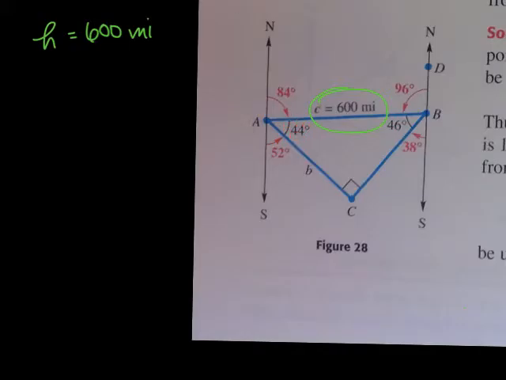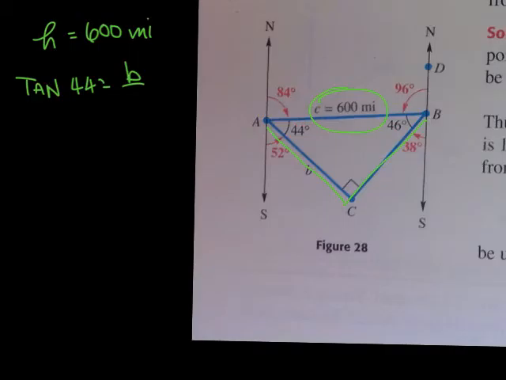So let's see. We're looking for B, and B is an adjacent side. So again, we're looking for a trig function that has adjacent. So the tangent of 44 degrees equals opposite over adjacent, and we don't know the length of that line there.